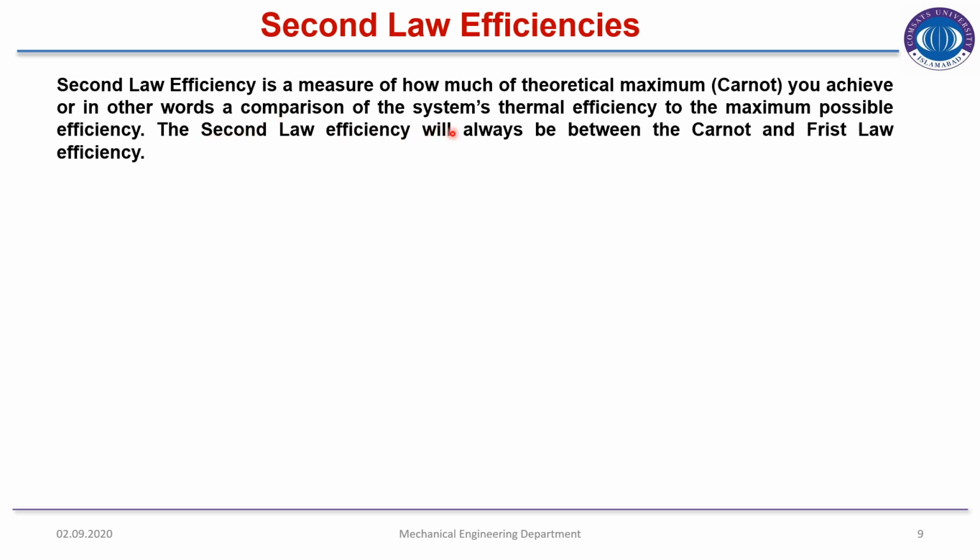The second law efficiency will always be between the Carnot and first law efficiency. In time we will discuss what is first law efficiency and what is Carnot efficiency and how we will calculate second law efficiency.